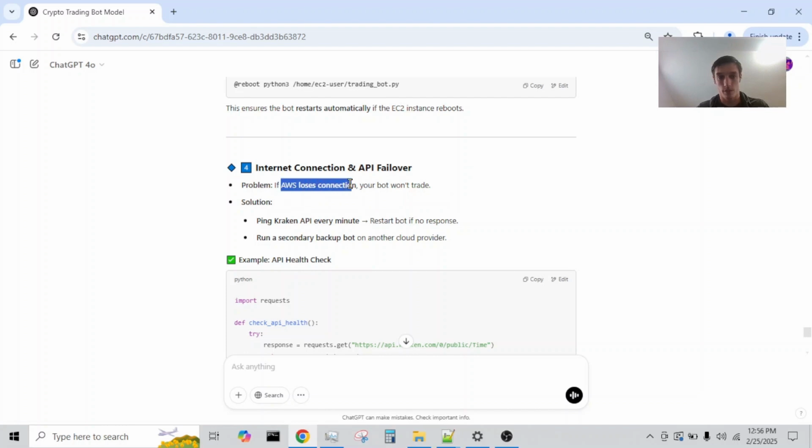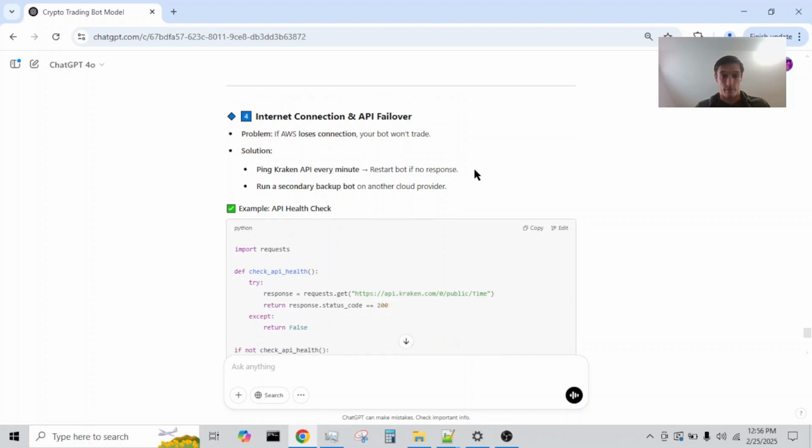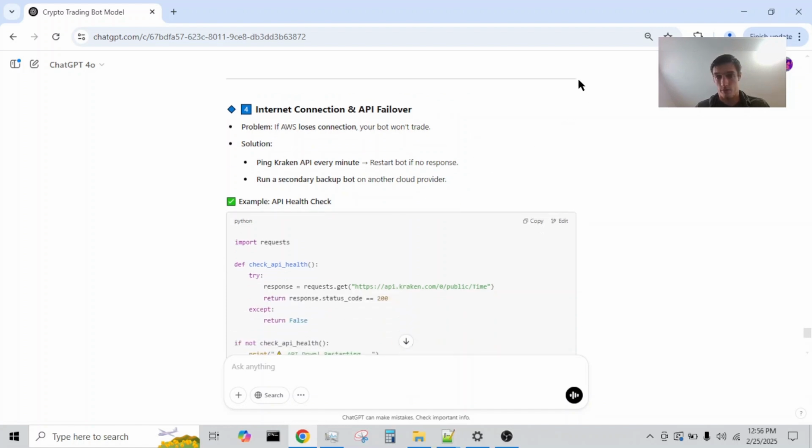Well, if AWS loses connection, I think we'll have bigger issues than restarting our trading bot. So I'm not sure that's going to be too much of an issue. If our bot turns off, that's different.